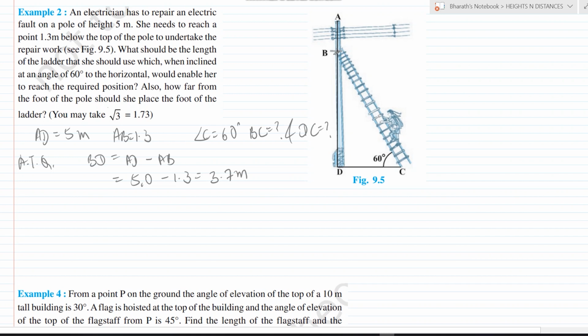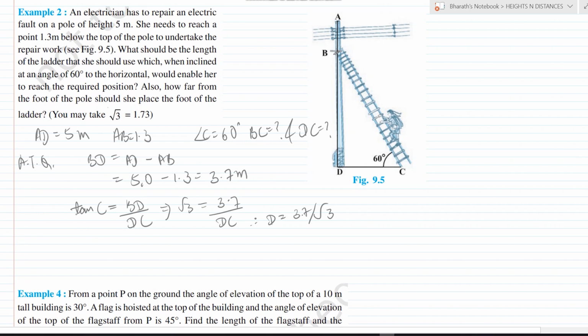Now, tan C is equal to BD divided by DC. Tan C is root 3, equal to BD, which is 3.7, divided by DC. Therefore, DC is equal to 3.7 divided by root 3.